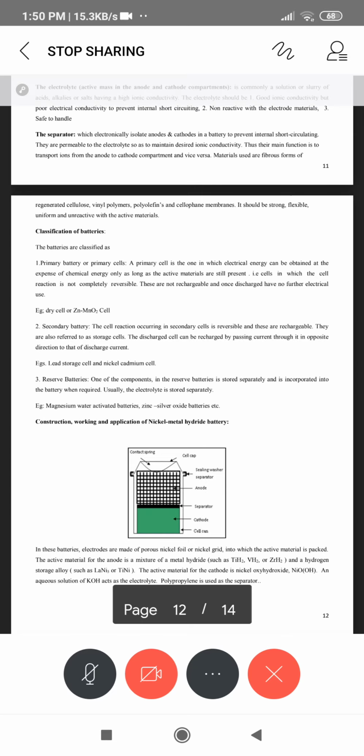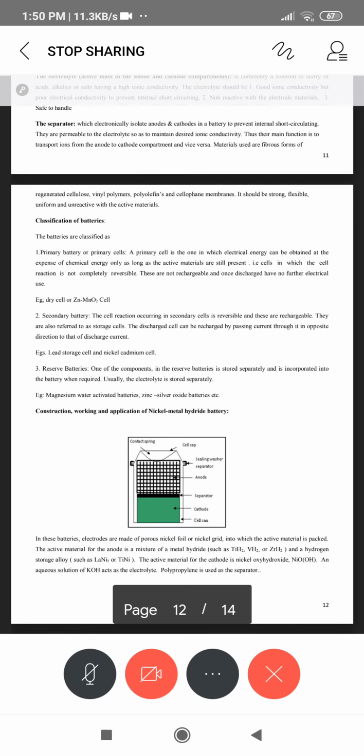Afterwards, the electrolytes: good conductivity, poor electrical conductivity, ionic conductivity should be maximum, and they should prevent short circuits, have resistance towards both anode and cathode, and be safe during handling.